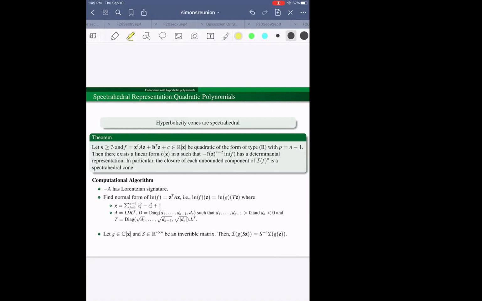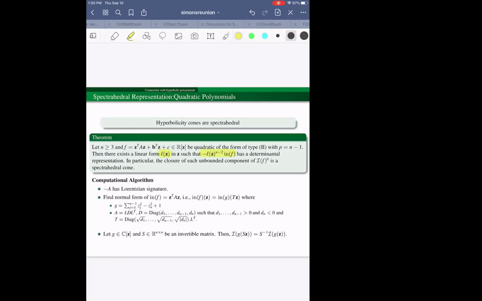We prove that if we start with a quadratic polynomial F, where the matrix representation A has n-1 positive eigenvalues and 1 negative eigenvalue, then there exists one linear form L such that F will have a determinantal representation. And we have a recipe to generate this linear form L(Z).